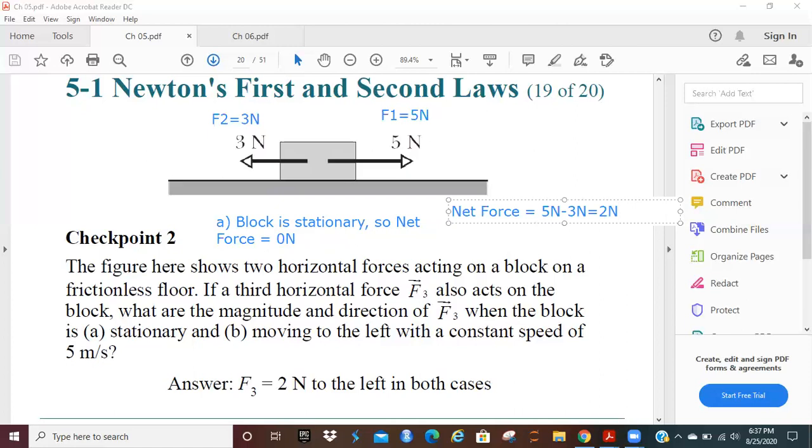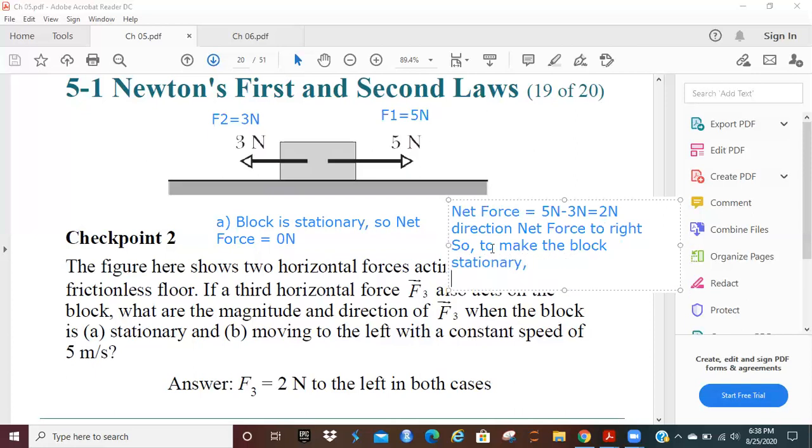Be 2 newtons, right? In which direction is that pointing? To the right. That's correct. So to make the block stationary, force 3 must be how big in which direction?